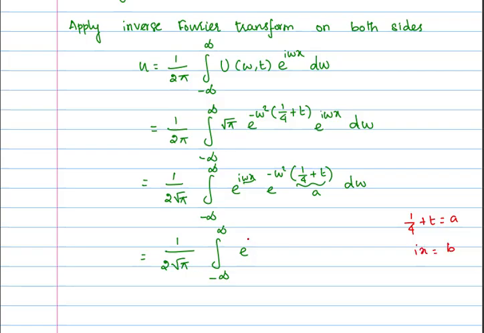So what will come? 1 over 2 times square root of pi, integral from minus infinity to plus infinity of exponential of b times omega minus omega square times a, d omega. I didn't change anything. I simply substituted 1 divided by 4 plus t as a, and ix as b. So I will use the perfect square, then I can easily find the integral value.